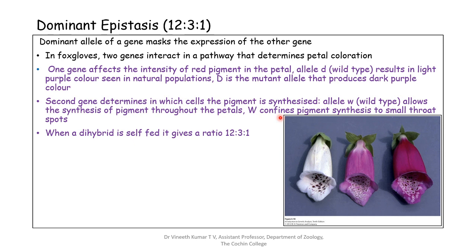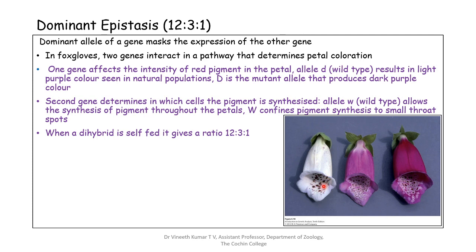When the capital W allele is present, it inhibits the synthesis of either capital D or small d, or both. So if capital D is present in a plant, it will inhibit the production of the dark purple color throughout the petal, and it will be restricted only as spots that you can see here.